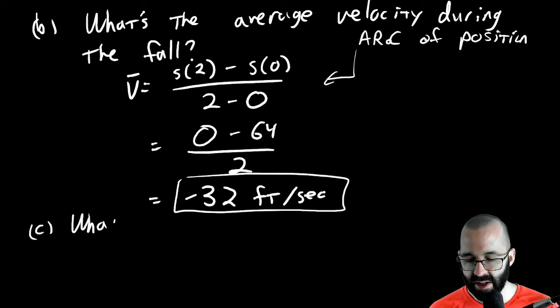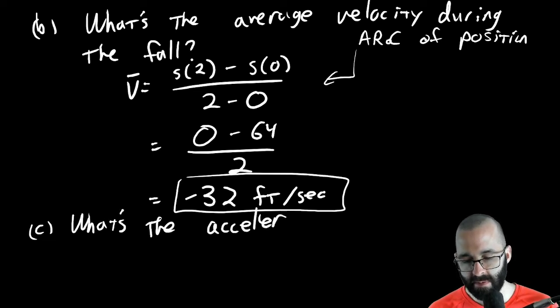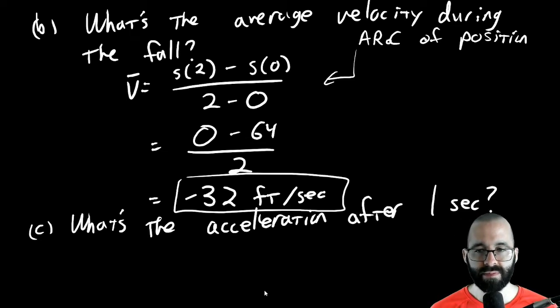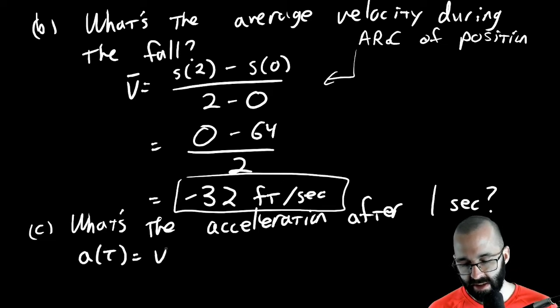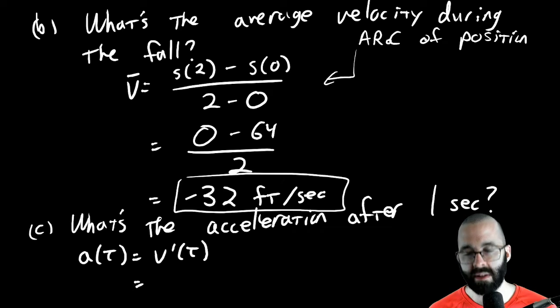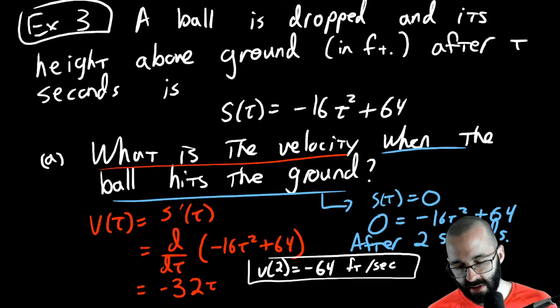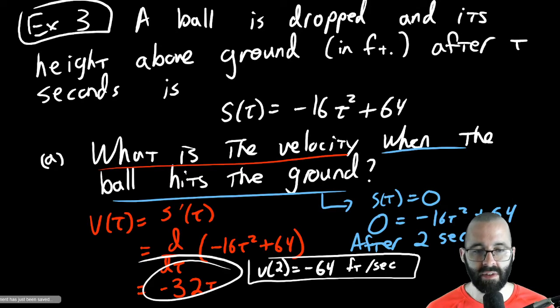C wants to know the acceleration after 1 second. Well, the acceleration is the derivative of the velocity. Well, this is the velocity. What's the derivative of negative 32t?